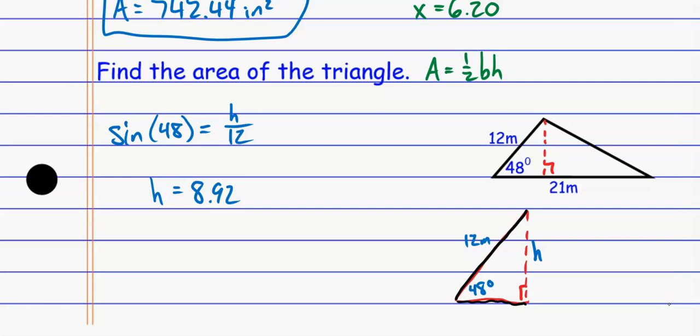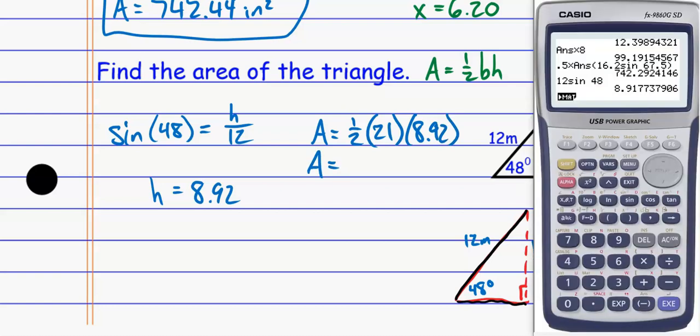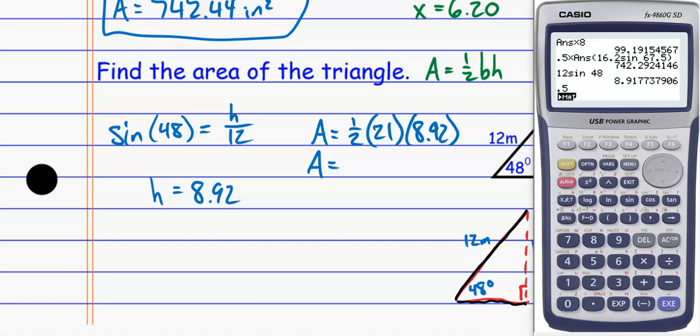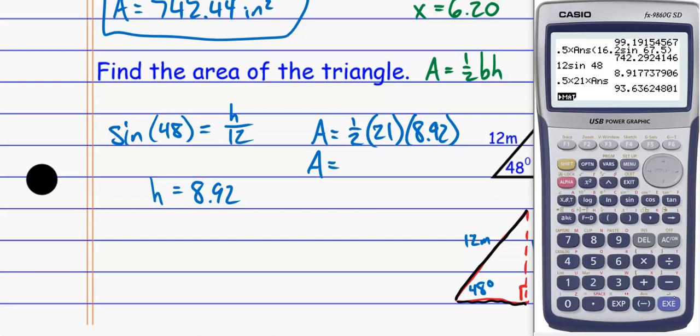And now within the context of my area formula, well, that's 1/2 the base this time, which is the 21, times the height, which is that 8.92, okay? And again, for my purposes here, because I already have this punched in, I'm just going to go 0.5 times 21 times the previous answer, so I don't have to do any more typing. Okay, and it gives me 63.64.